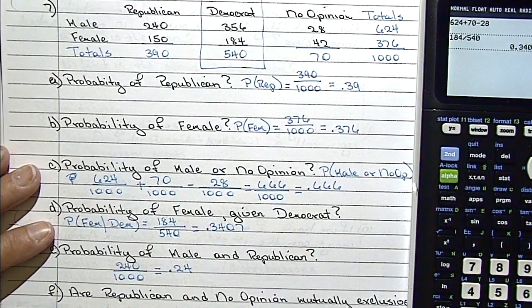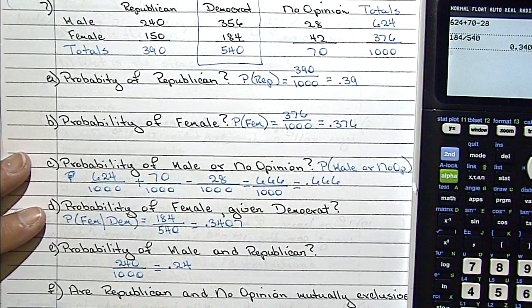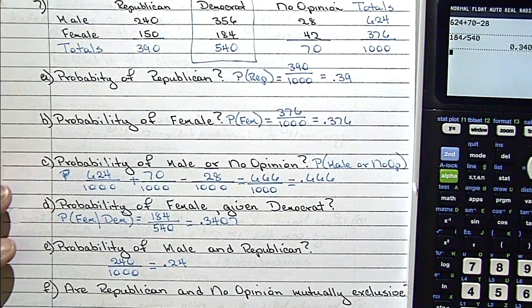Now, the last two questions are about mutually exclusive or not. Are Republican and no opinion mutually exclusive? Yes or no? What do you say? Somebody tell me. This is not a mathematical check. This is a common sense check.